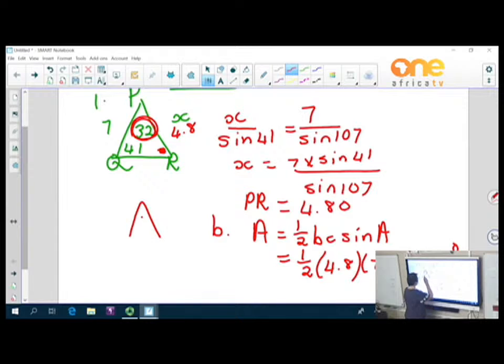The included angle that you will use there. Very easy. We can just press the calculators there, and I got that the area is 8.90. This was square centimeters.